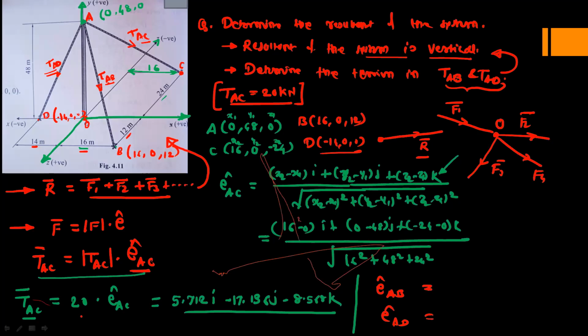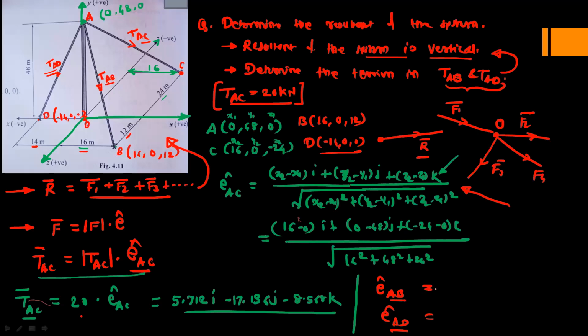Whenever you calculate the unit vector AB, consider A as point 1 and B as x2, y2, z2. Similarly, for AD, D will be x2, y2 and z2. Use this basic formula to find the unit vector.